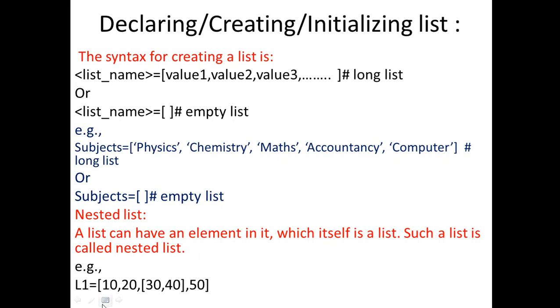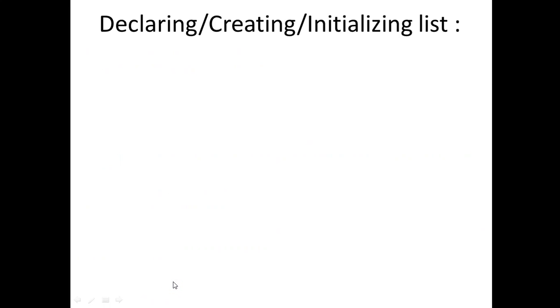For example, L1 is the name of the list, with 10, 20, 30, 40, 50, whereas 30 and 40 again form a list sequence. So 10, 20, then 30, 40, 50 is an example of a nested list, because here the item of the list is itself a list, itself a sequence.